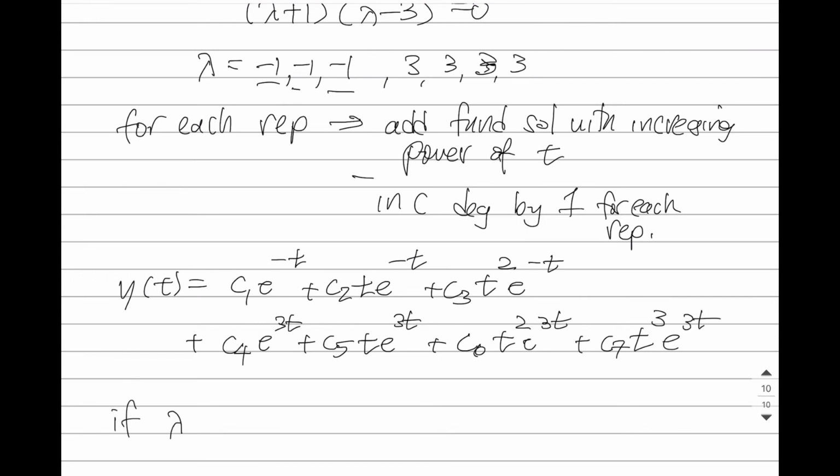So if lambda repeats n times, we need e to the lambda t, t e to the lambda t, all the way up till t to the n minus 1, e to the lambda t. So that process will allow us to incorporate all of the correct linearly independent solutions into our problem.